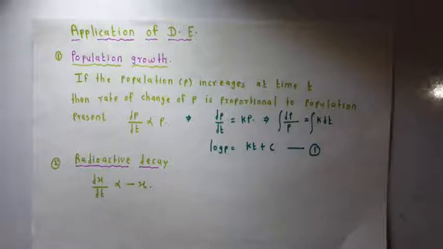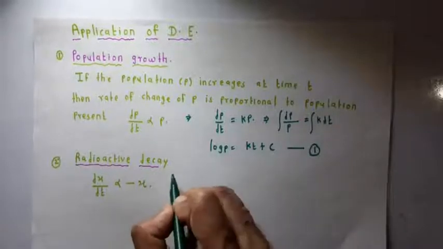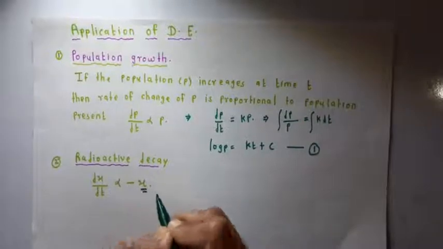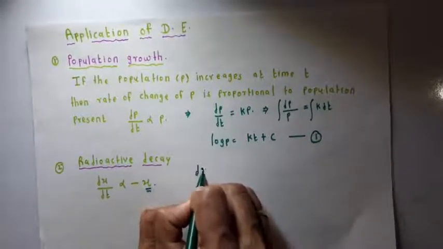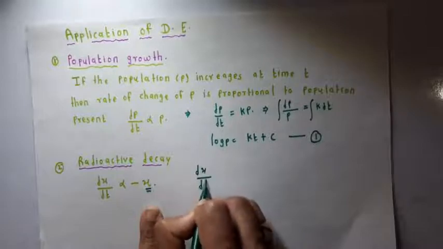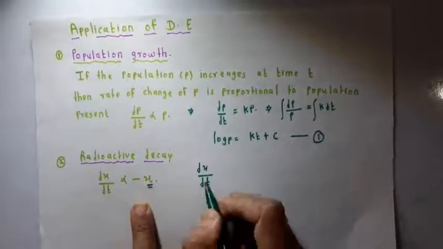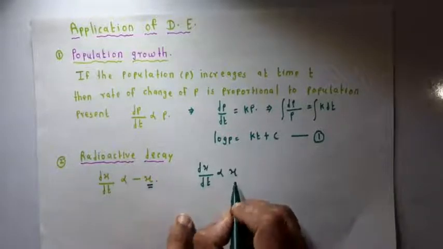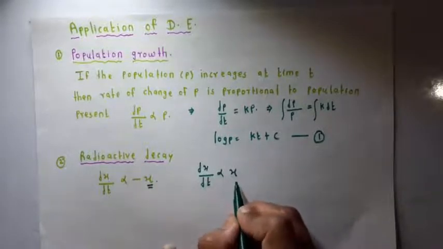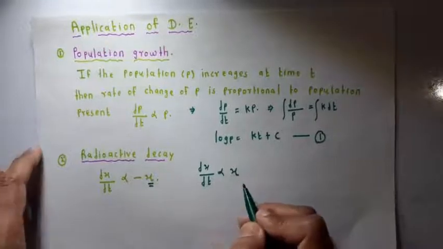Suppose x is the amount of material present at that time. Now dx by dt, the rate of disintegration, is directly proportional to the element present.